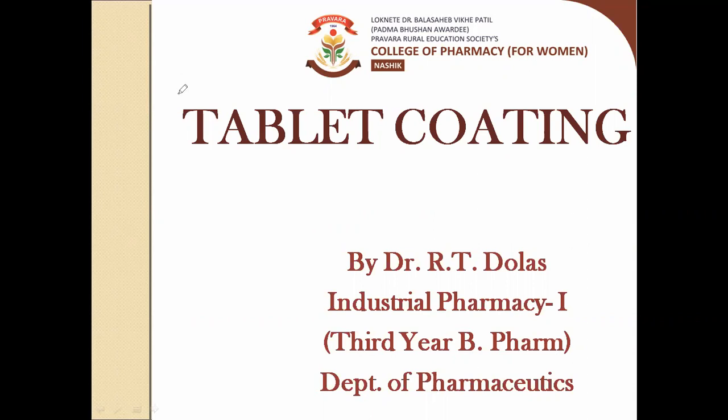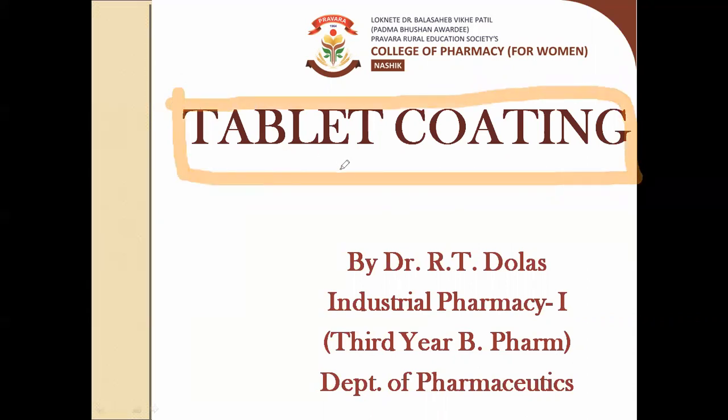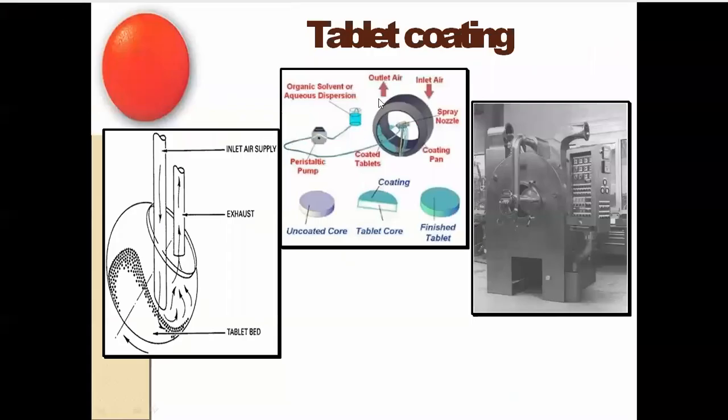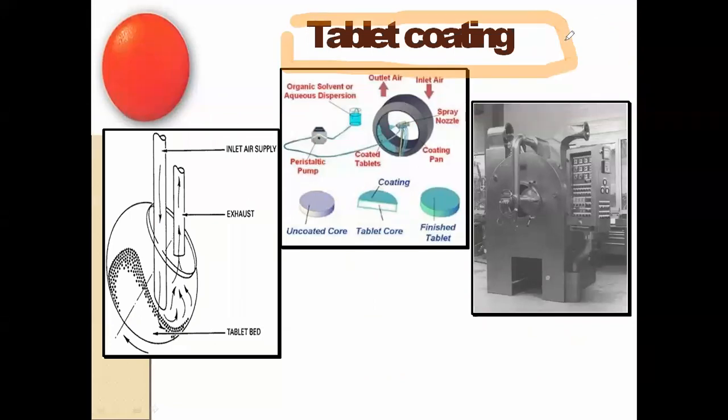Today we are going to talk in detail about the tablet coating process. Now in tablet coating, what all things are we going to study? Firstly, we are going to study why we go for coating.